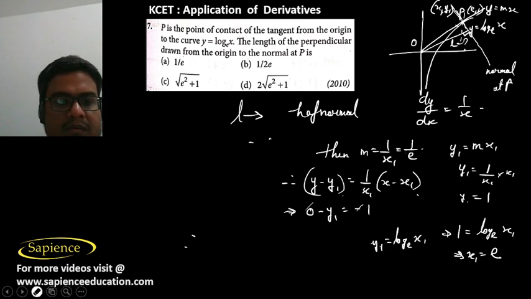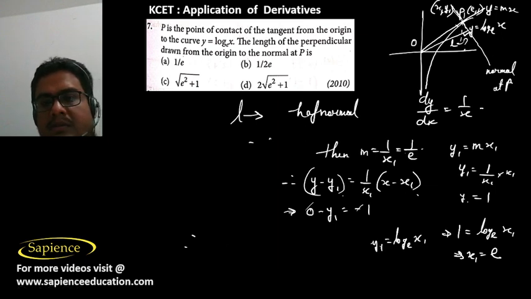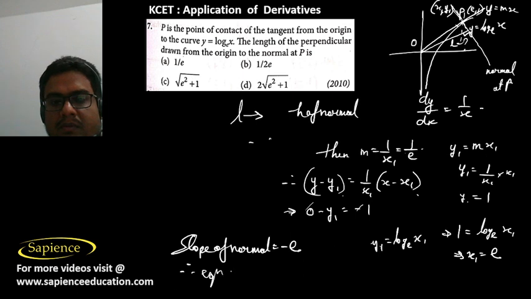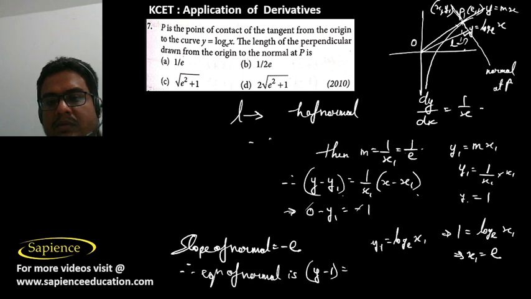The equation of this straight line, slope is 1 by e. Therefore, the slope of the normal, that will be equal to minus e. So the equation of the normal is y minus y1, that is equal to m.